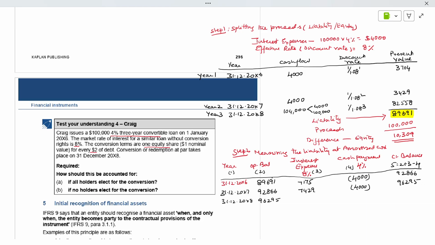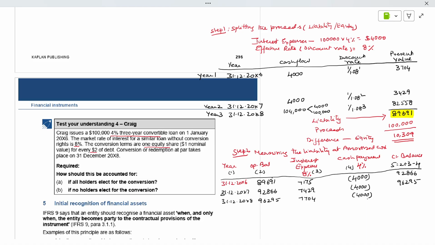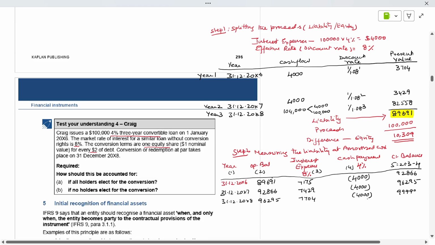7036, 7704, 4,000. How much will you get? Tell me. Almost you are getting 99,999, or you can put it as 100,000.